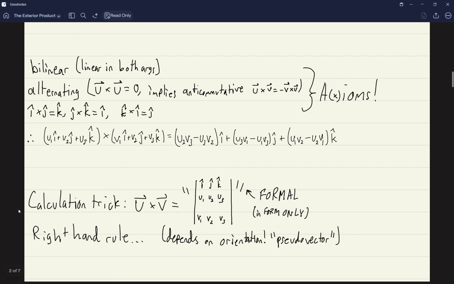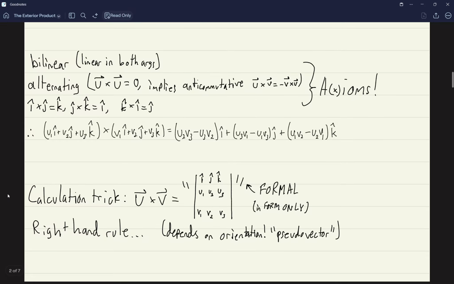As a result, the quote-unquote vector we get out isn't fully normal, like other vectors, in that if we do a transformation that flips our orientation around, like looking at a mirror, then suddenly our cross product flips directions. So in settings where that's relevant, sometimes we call the cross product a pseudo-vector.